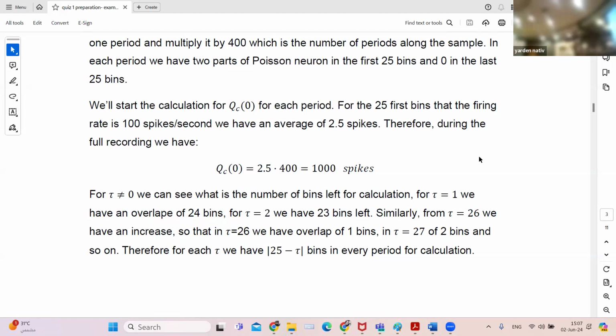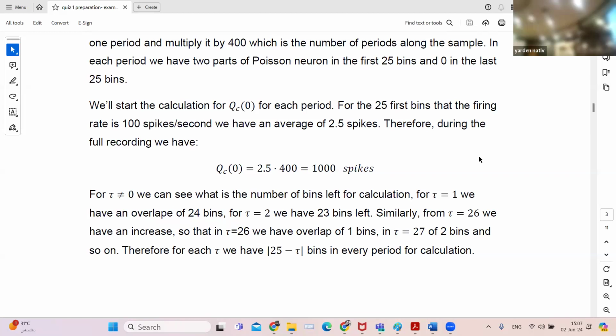Now this one is getting wider. I don't really need to draw everything because it is enough to look here. What happens when I shift only 1? How many milliseconds from here are overlapping with a millisecond from here? 24.